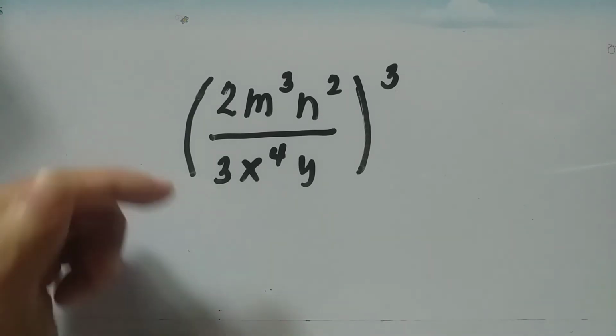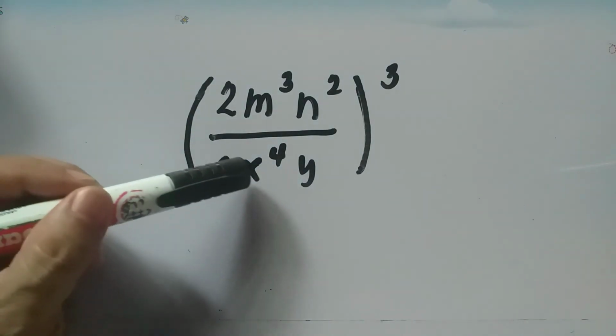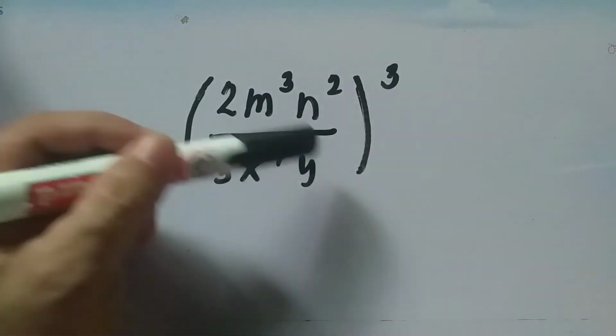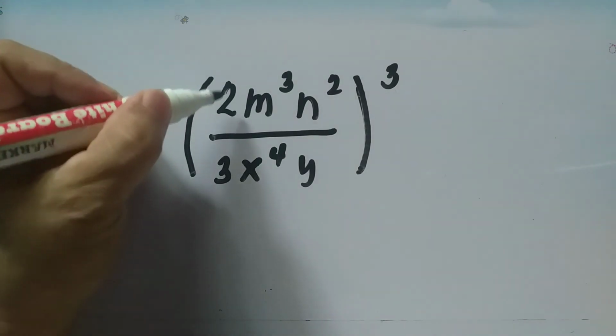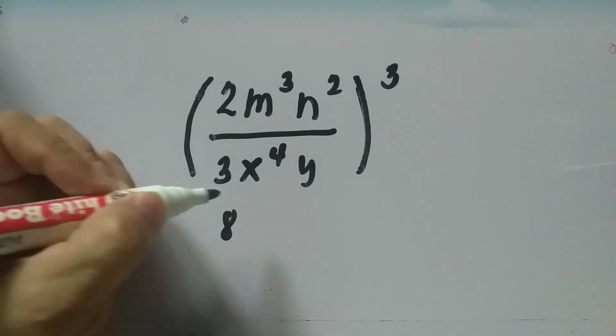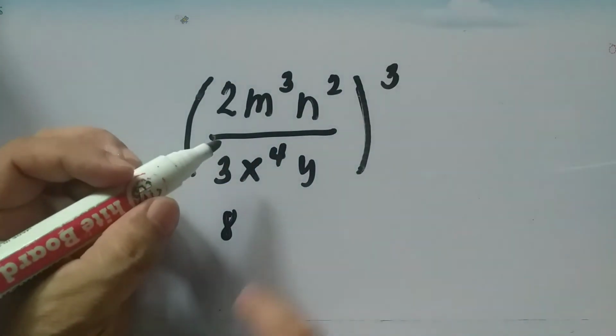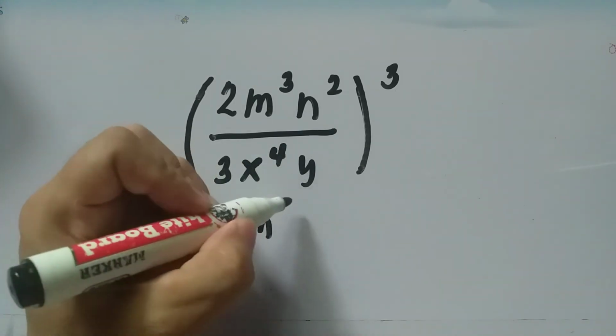Next we have 2m cubed n squared over 3x to the 4th y cubed, all cubed. So let's have 2 cubed is 8. m cubed raised to the 3rd power is m to the 9th.